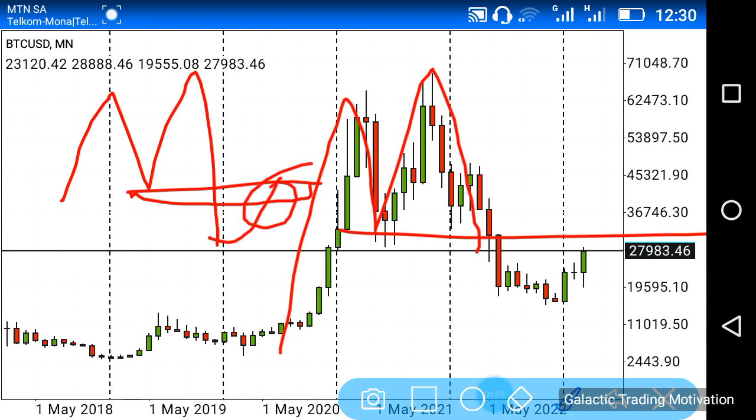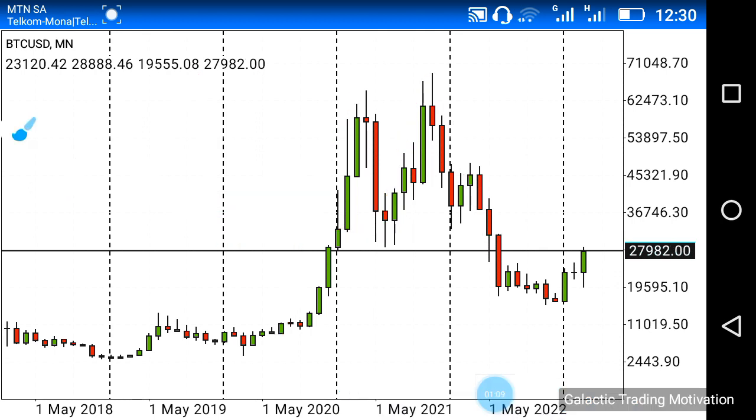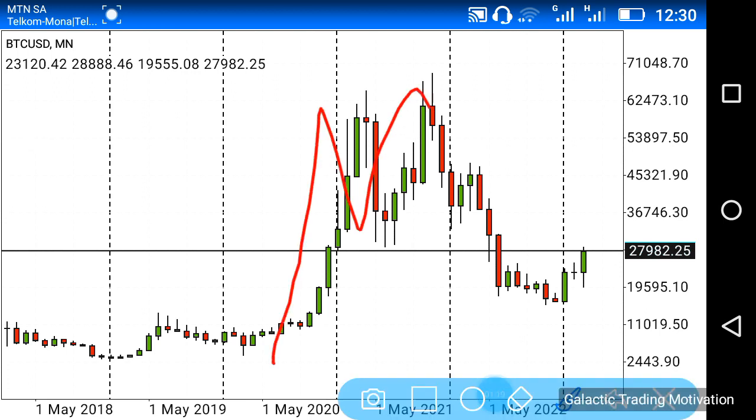And at this point where the neckline is is where we would look for those potential selling opportunities. So in other words, because we have this M structure which has a neckline at that point, we want to see price come back to this neckline to test it, and at this neckline over here is where we would look for those potential selling opportunities, right?